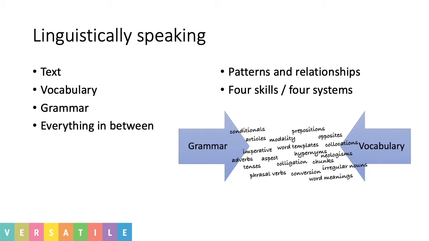So what we're looking for in terms of enriching students' language is we're looking for the patterns and relationships that exist between vocabulary items with aspects of grammar, and how these relate to each other, and how they actually manifest in the text which is being studied. So we're looking for patterns and relationships above all. Now, these relate, of course, to the 4 skills and 4 systems of language teaching.